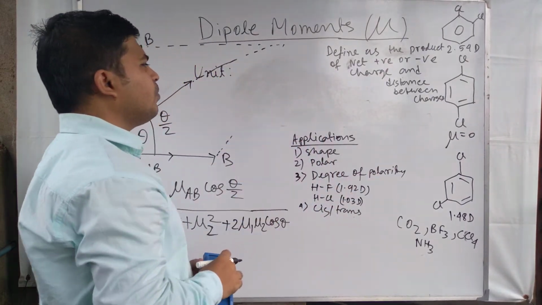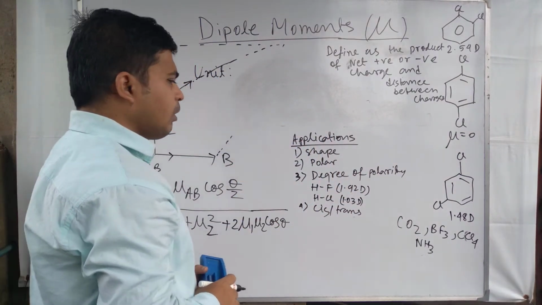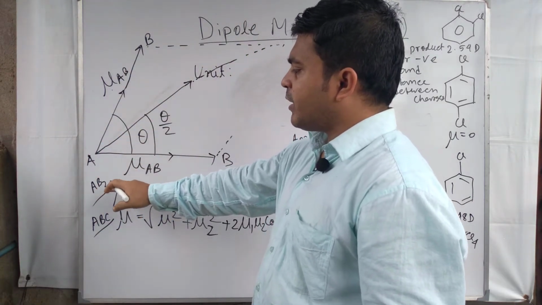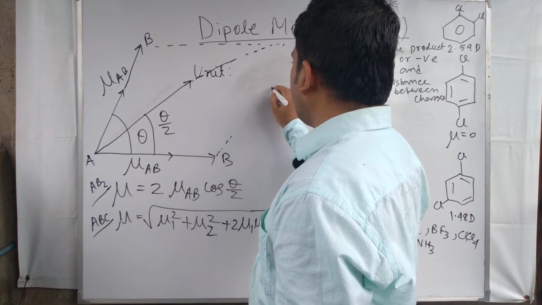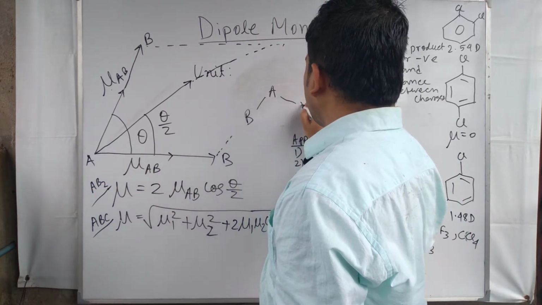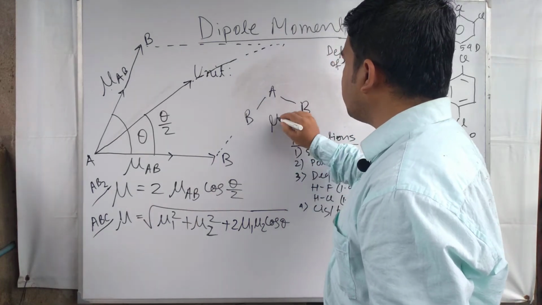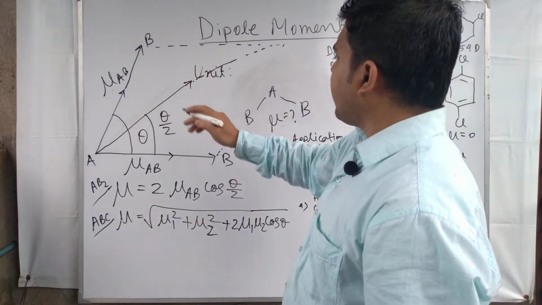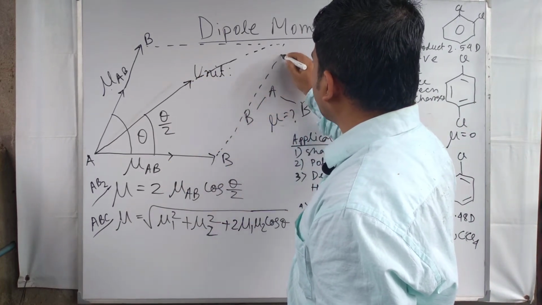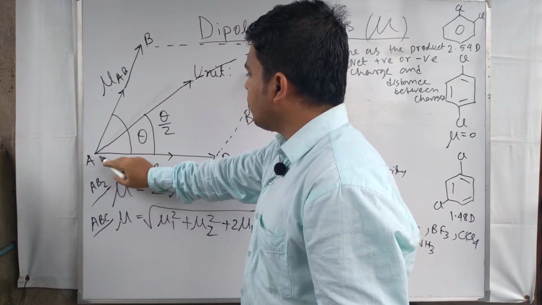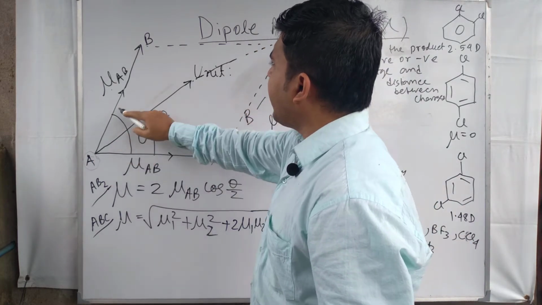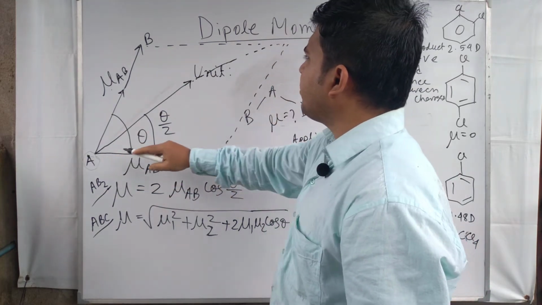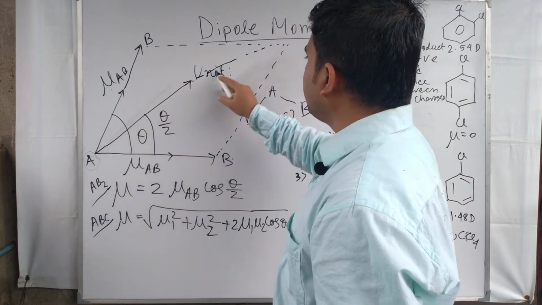Next important thing: if we want to calculate the dipole moment of molecules that have more than one covalent bond, like an AB2 molecule, look at this diagram. In the AB2 type molecule, A is the central atom, with two B atoms. These are two AB bonds, and this is mu net.